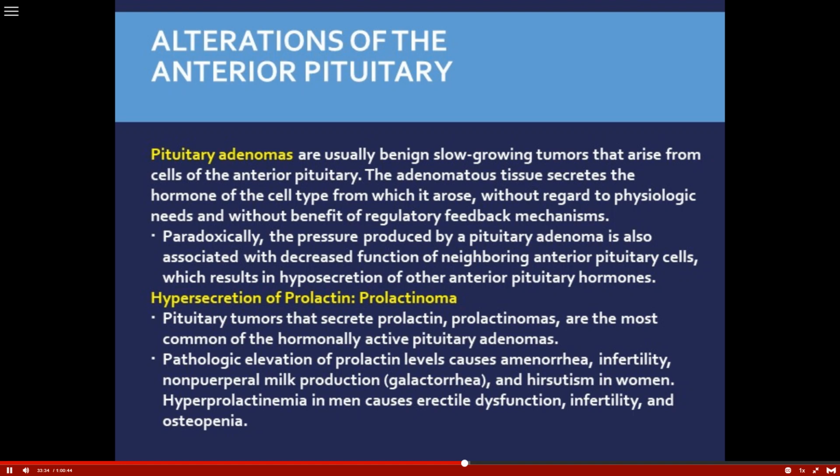So galactorrhea, that is the medical term for milk production. Hirsutism. Hirsutism is increased facial hair in women. And in men, some of those same things can happen, but they usually come in with the complaint of erectile dysfunction, infertility, and osteopenia.